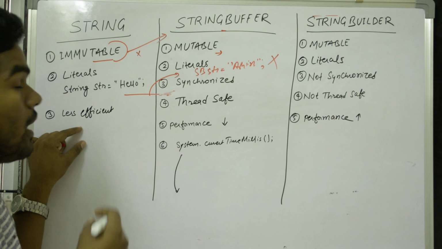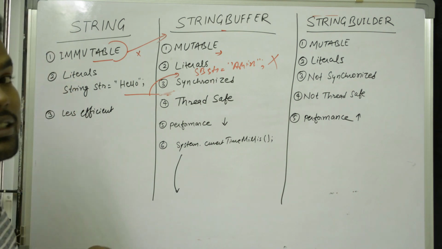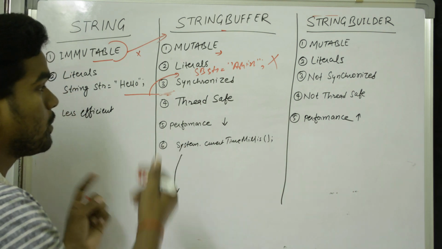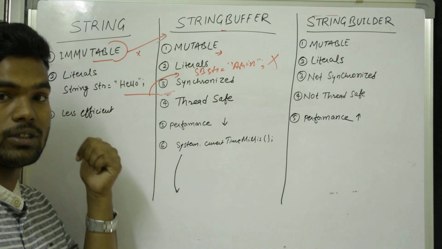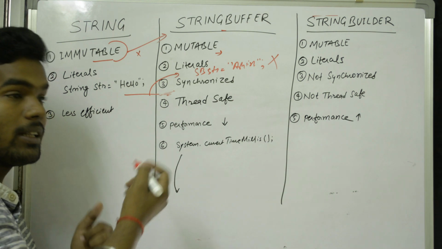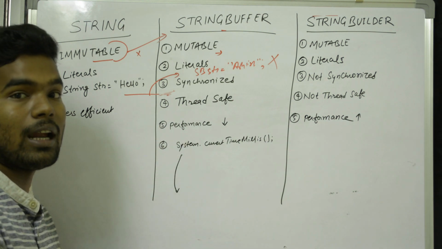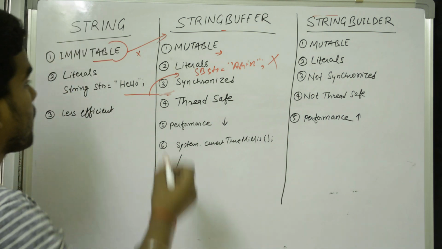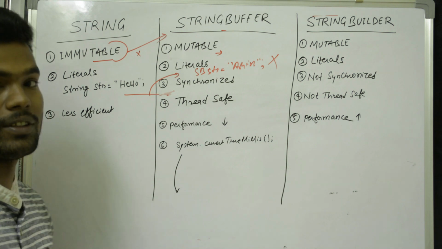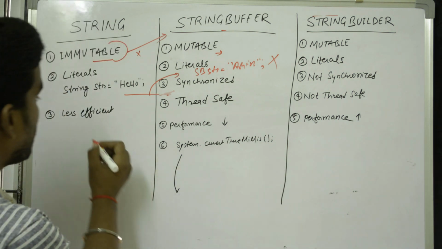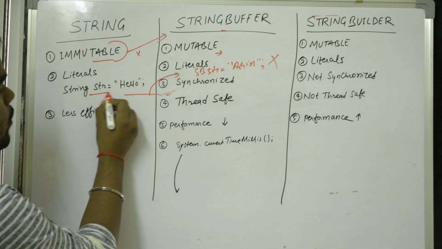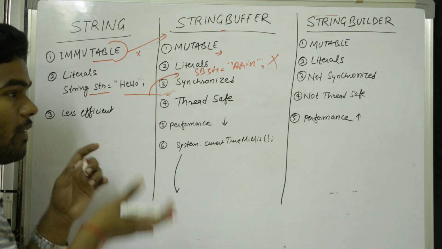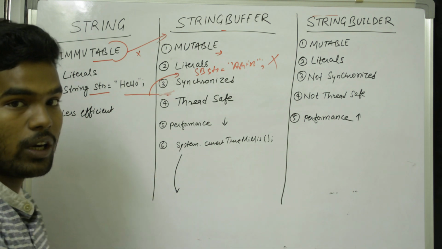But here one concept is there. We have seen that in the String class two objects are created when we create using the new operator, but the reference is pointing at the string constant pool only. So now we will see how it is less efficient. Whenever we create any object, it has to check and verify whether it exists or not.